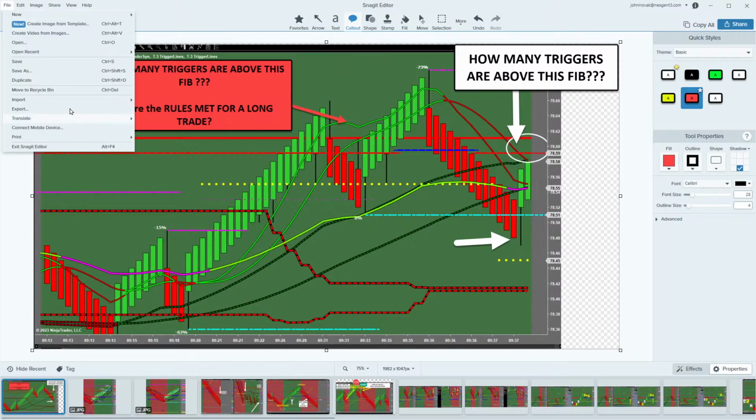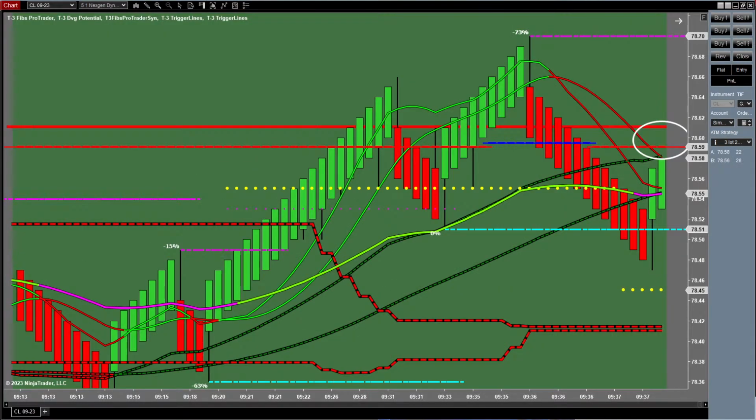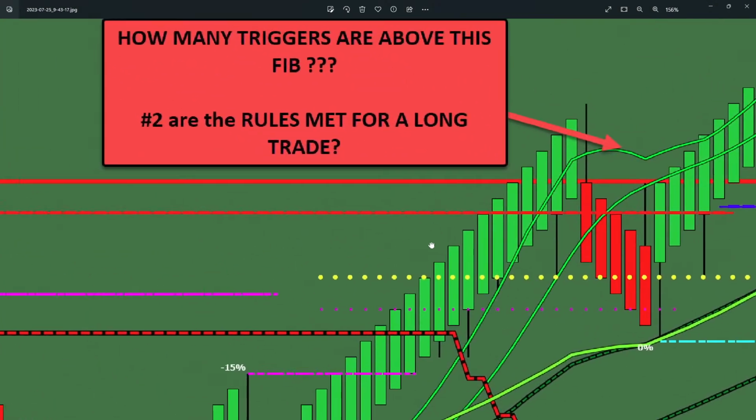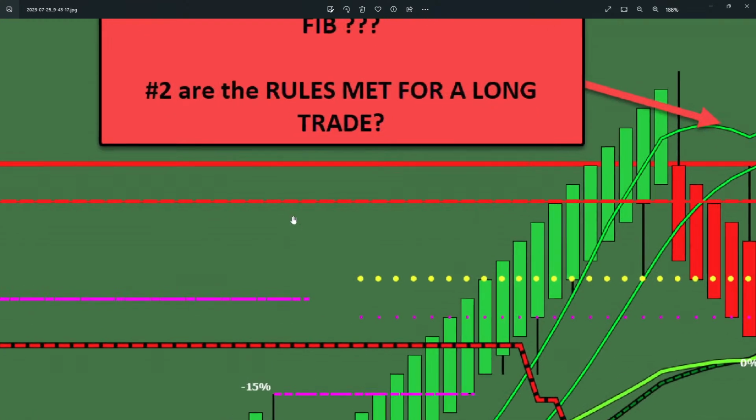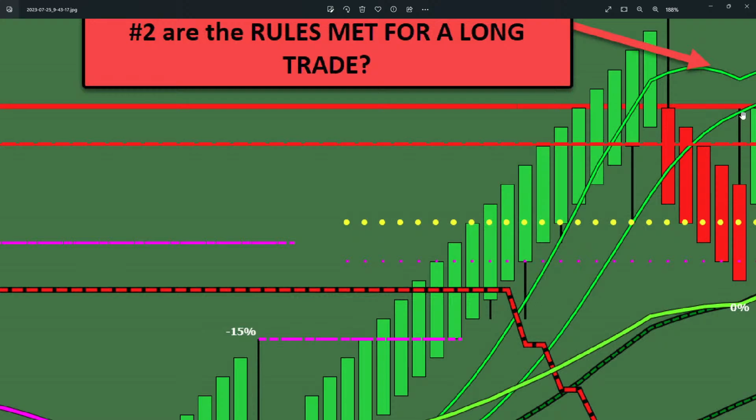Again, this is where everybody has the whole hindsight 2020, which is something that's going to kick your ass. So in the moment when you're looking at this, right here, Jose, you're talking about going long into resistance with only half of one of the trigger lines above it.